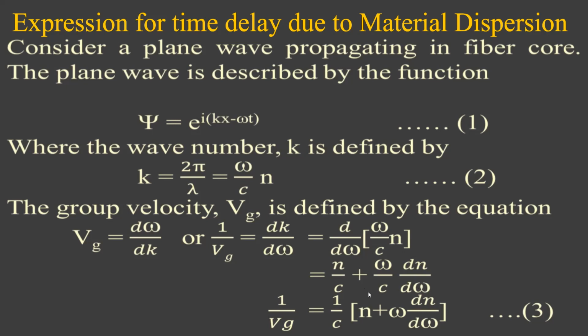And c is common here, you can take it out. It becomes 1 by c into, in the bracket, n plus omega into dn by d omega. So this is equation 4.